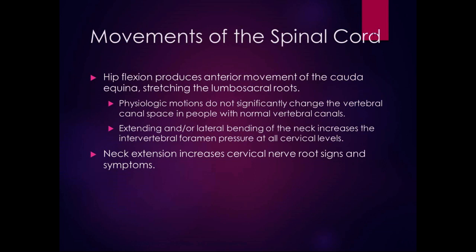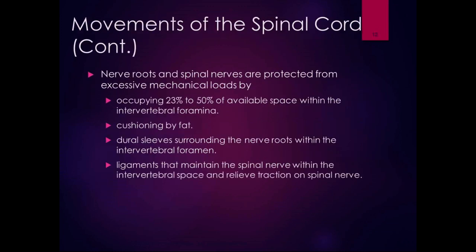So extension or lateral bending of the neck increases the intervertebral foramen pressure at all cervical levels. Because we know the cervical spine is tiny, and there's not that much space. So when we extend or laterally bend the neck, it increases the pressure at all those cervical levels. Neck extension increases cervical nerve root signs and symptoms, if people have cervical nerve root signs and symptoms.